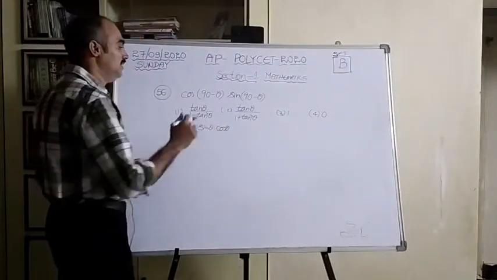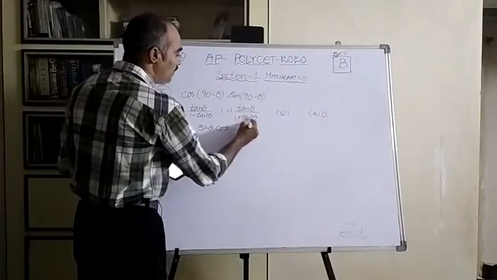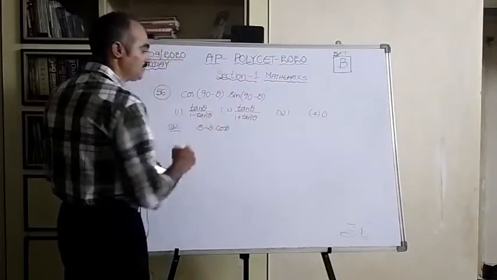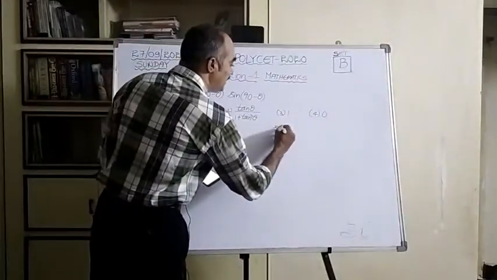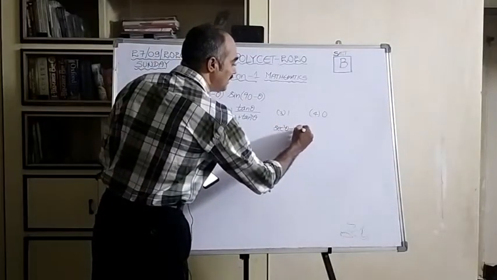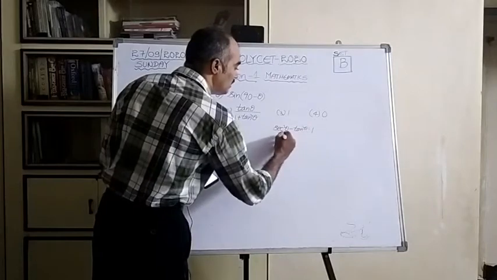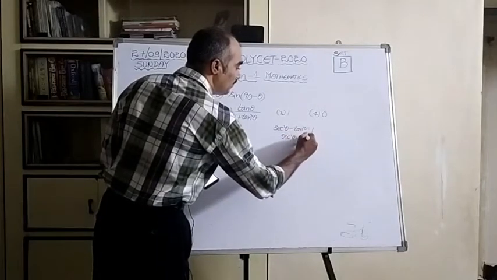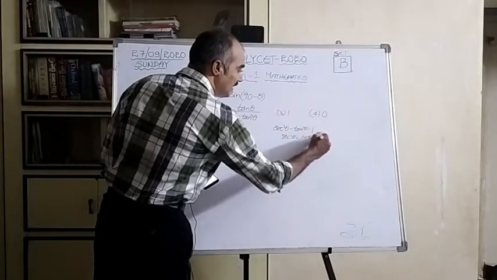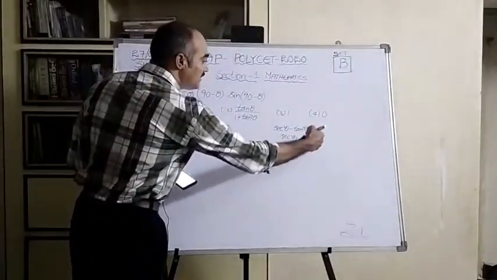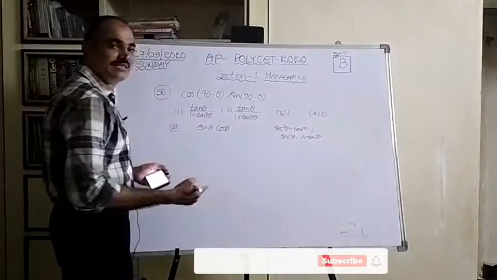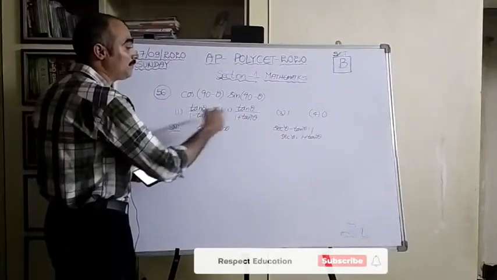Here we have 1 plus tan square theta and 1 minus tan square theta. From trigonometric identities, secant square theta minus tan square theta is equal to 1, so secant square theta is equal to 1 plus tan square theta. That means 1 plus tan square theta can be replaced with secant square theta, whereas 1 minus tan square theta we can't replace at present.